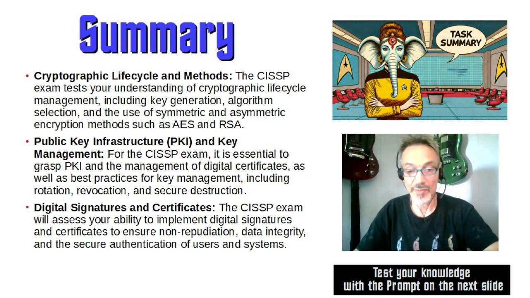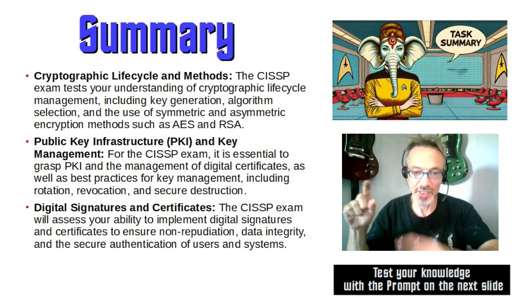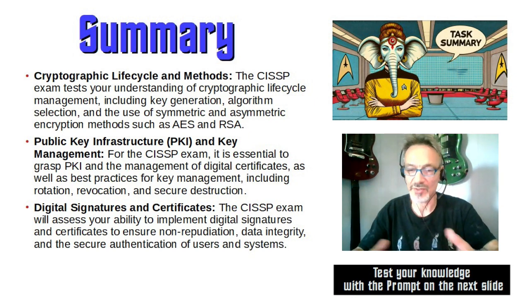We examined the public key infrastructure and the various components, including root CAs, intermediate CAs, and the digital certificates that are validated public keys. And we covered key management practices in general, emphasizing proper key generation, rotation, revocation, and destruction. And finally, we tied it all together with digital signatures and digital certificates.